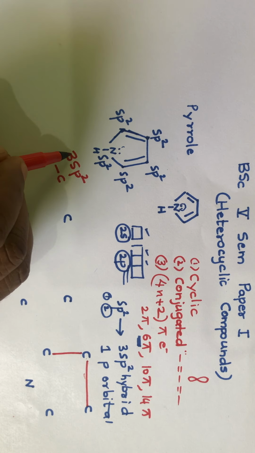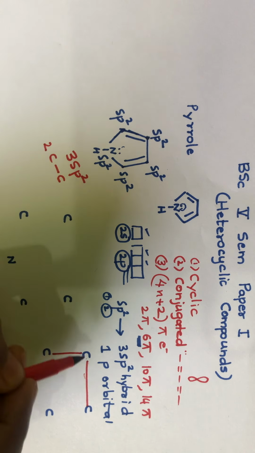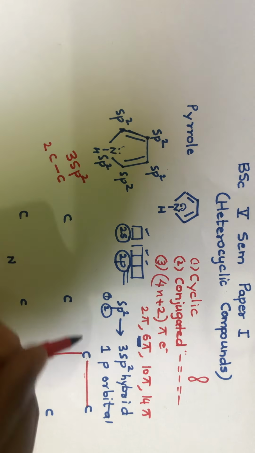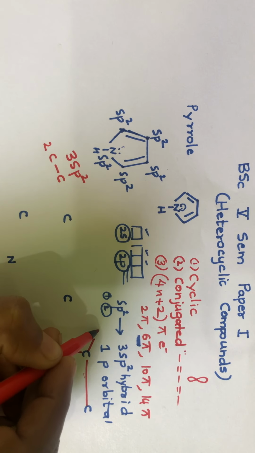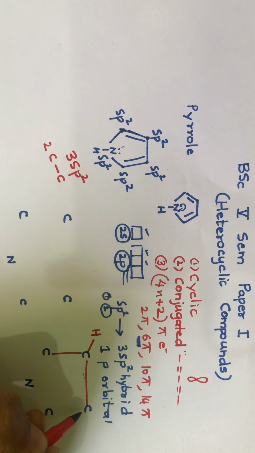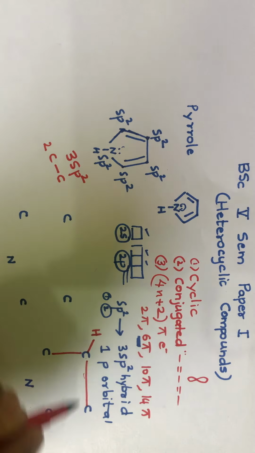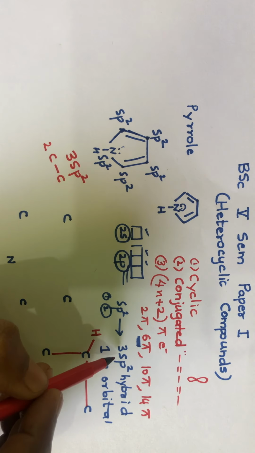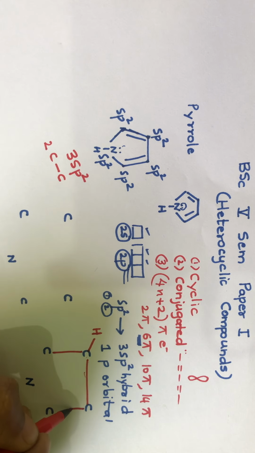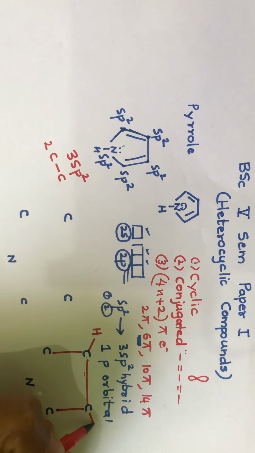So out of 3, 2 carbon-carbon sigma bonds, one with this carbon, one with this carbon. There is another sp2 remaining. It will form a bond with hydrogen. Right? Am I getting this? Similarly, this carbon has 3 sp2, so the hybridization is sp2. With 1 sp2, it will form a bond with this carbon, another sp2 with this carbon, and another sp2 with hydrogen.